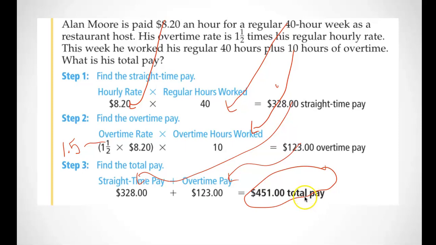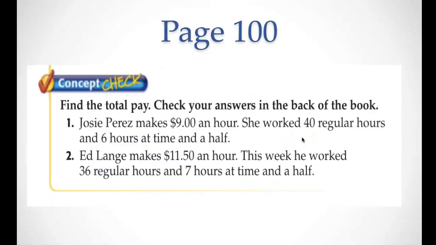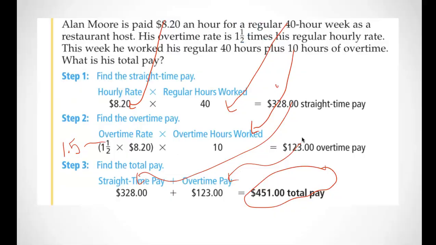And then there are some other problems that you work at the bottom. So it's really important that you're using your notes and the formulas to be able to find your overtime pay. Okay, and so you can go on to your practice and then your mastery check.